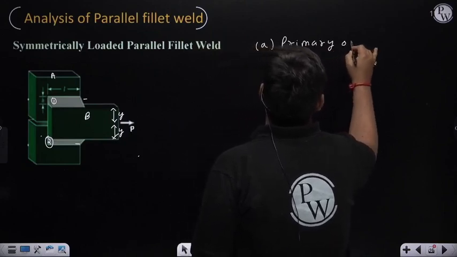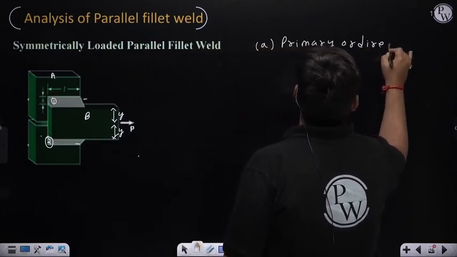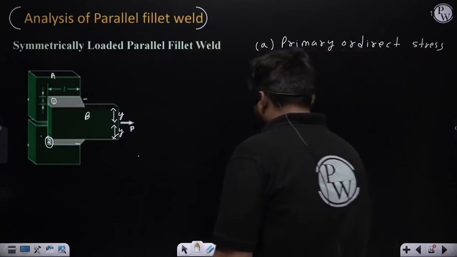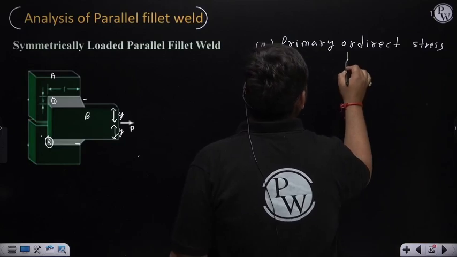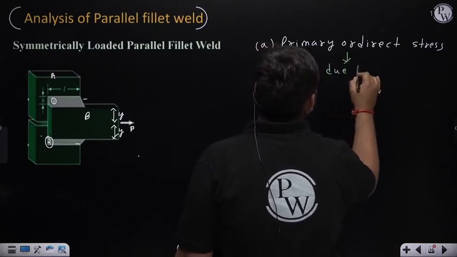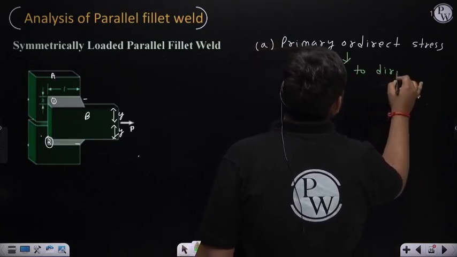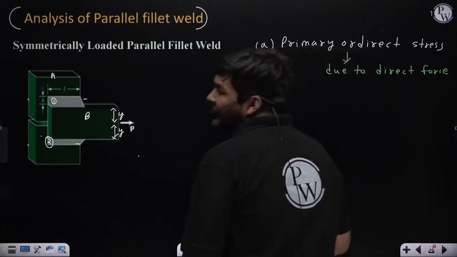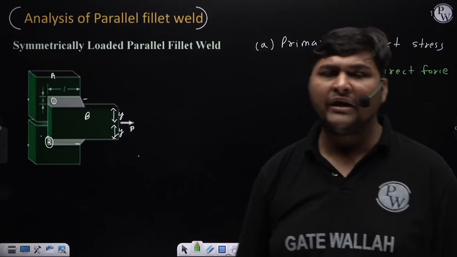What is primary or direct stress? Whether it is shear or normal, that is a different thing. It is the stress which is coming due to direct force. I will explain through a diagram also.